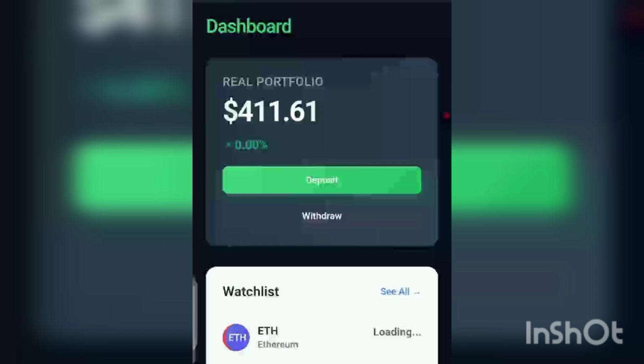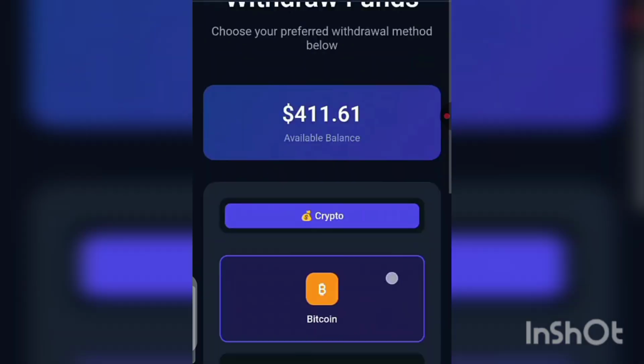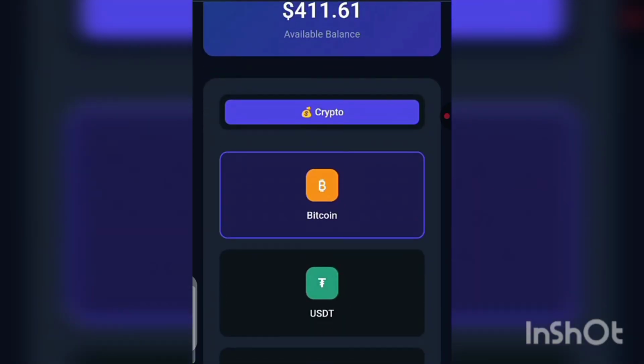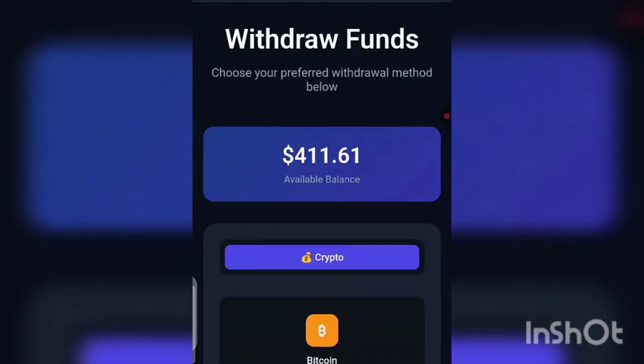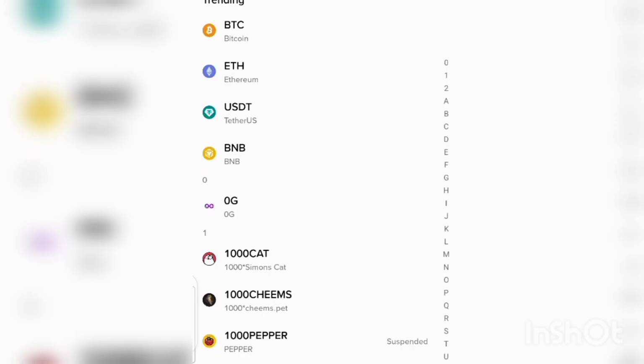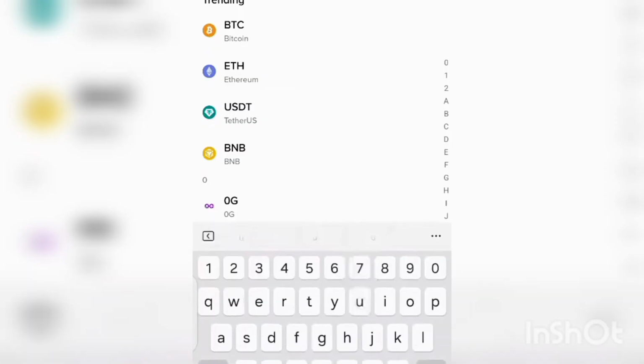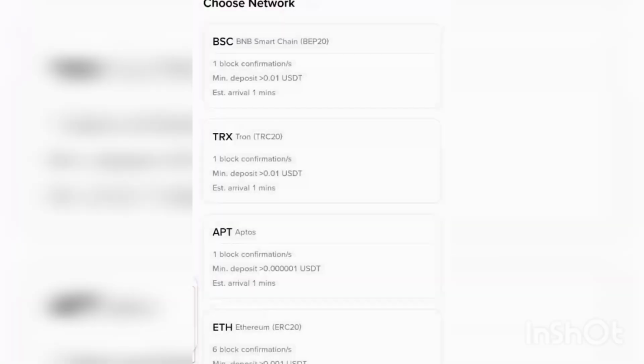Now what we are going to be doing right now is making a withdrawal into our Binance. So the next thing, I'm going to be clicking withdraw, and choosing USDT TRC20. So I'll go to my Binance to copy my address over there. We are going to be copying USDT TRC20 because that was what I deposited.